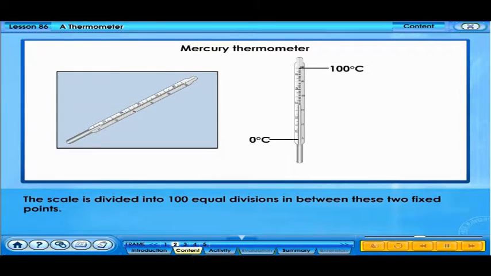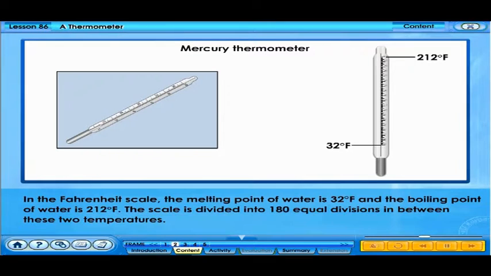The scale is divided into 100 equal divisions in between these two fixed points. In the Fahrenheit scale, the melting point of water is 32 degrees Fahrenheit and the boiling point of water is 212 degrees Fahrenheit. The scale is divided into 180 equal divisions in between these two temperatures.